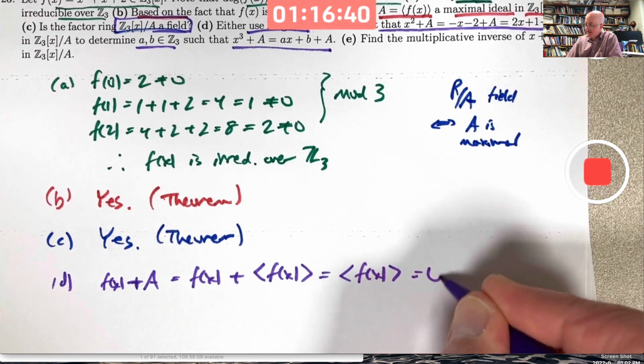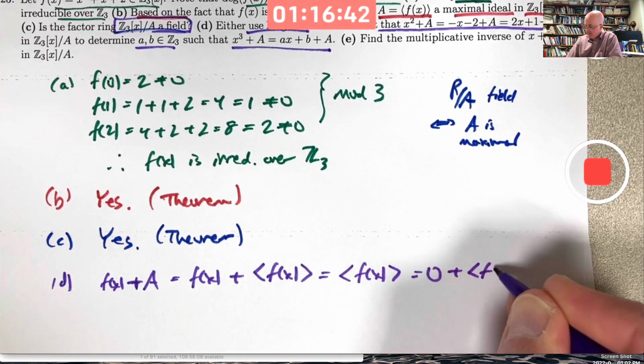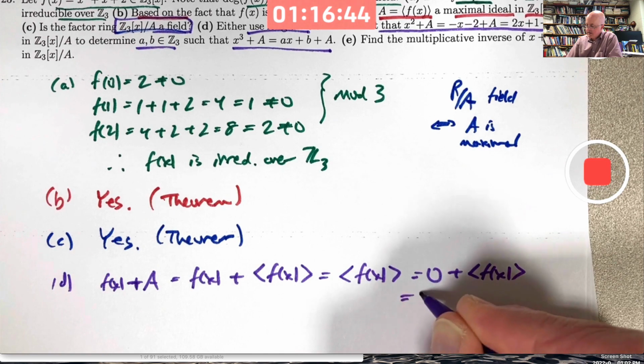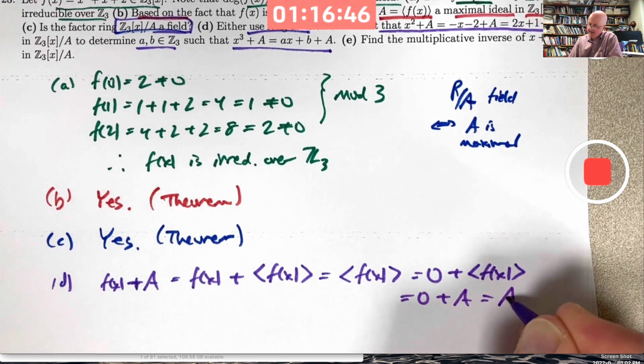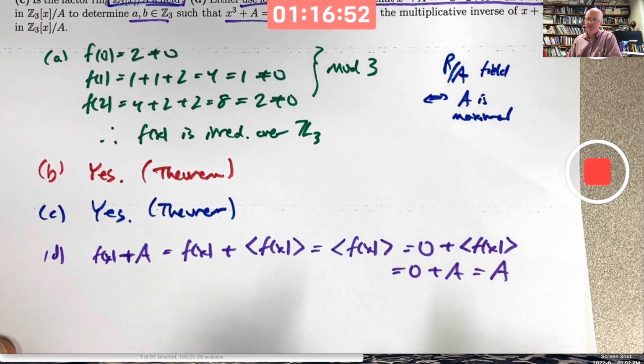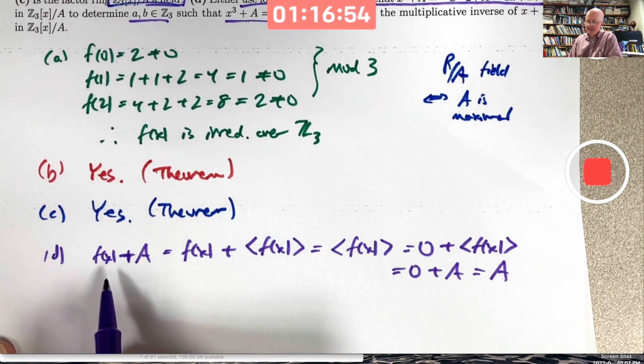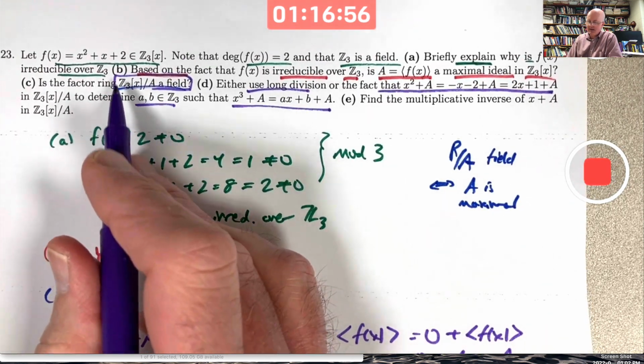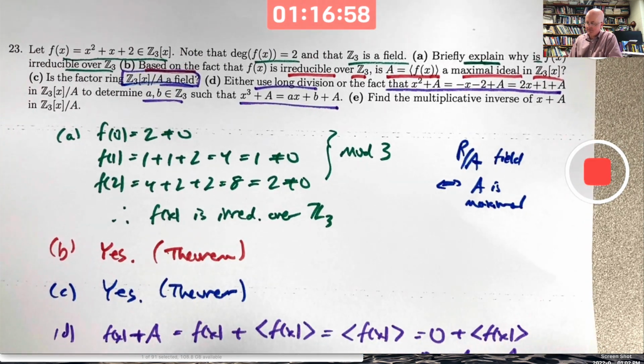So it is the trivial ideal. Lots of things I'm writing there. They're all the same. And what that essentially means, without going into details, is f of x does have a root in this field. Okay?